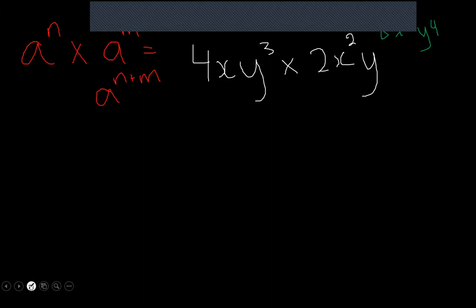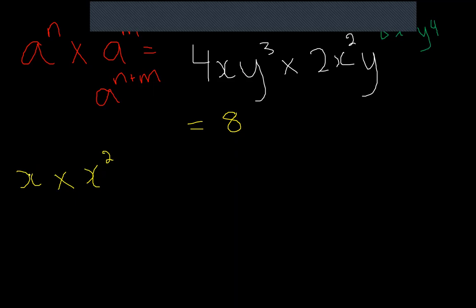So looking at our question now, 4 times 2, we know we multiply those like usual. So 4 times 2, that's 8. That's not what we're paying attention to. What we're trying to figure out is how exactly are we going to multiply these exponentials. So it would be x multiplied by x squared.